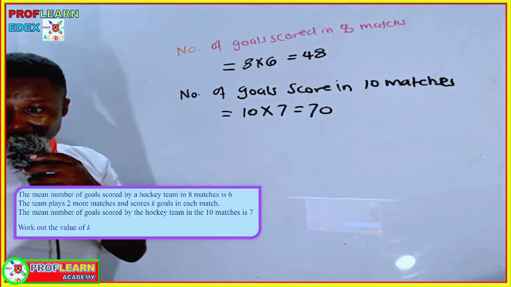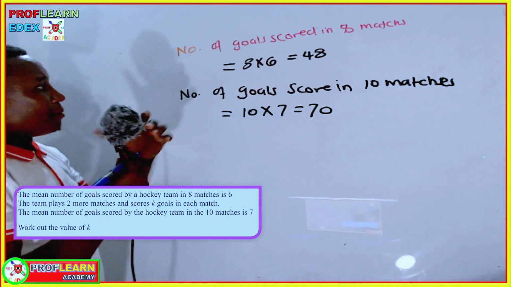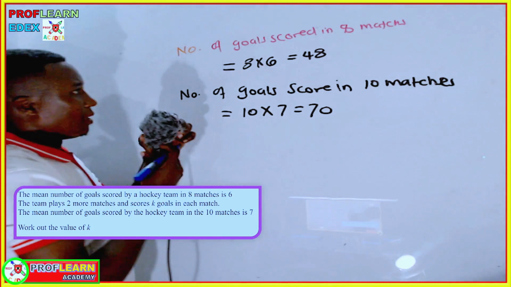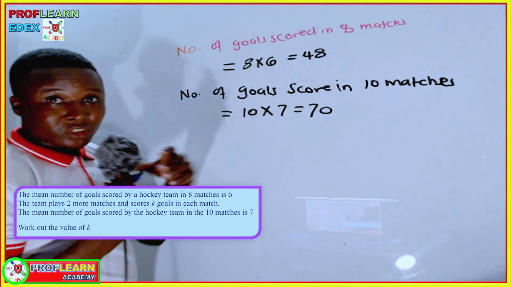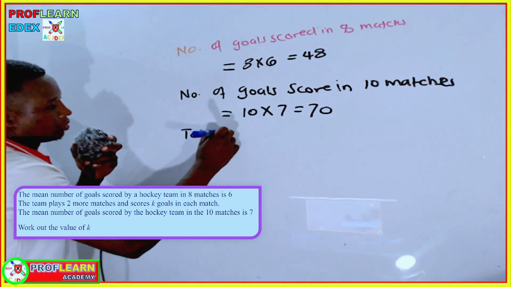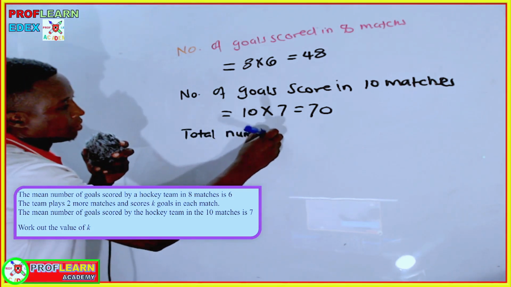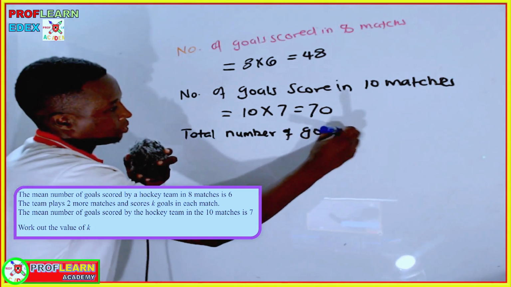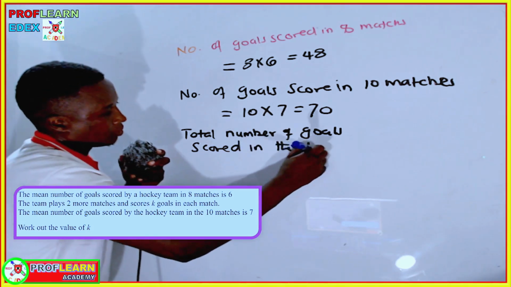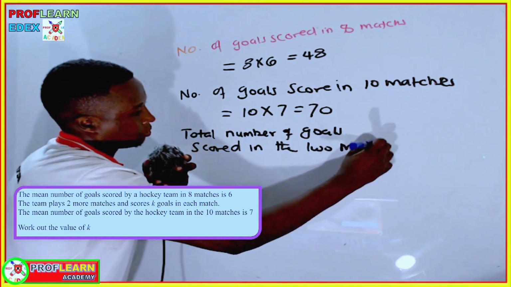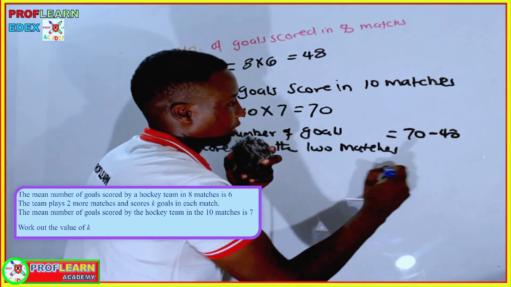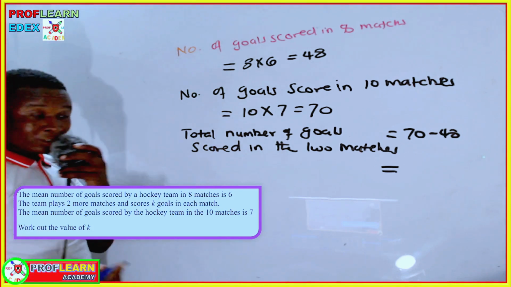Now the question is, what's the difference? Because if 8 matches gave 48 and 10 matches gave 70, then what is the total number of goals scored in the 2 matches that were played? The total number of goals scored in the 2 matches is going to be 70 minus 48.